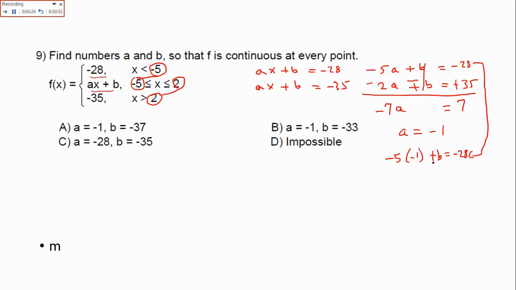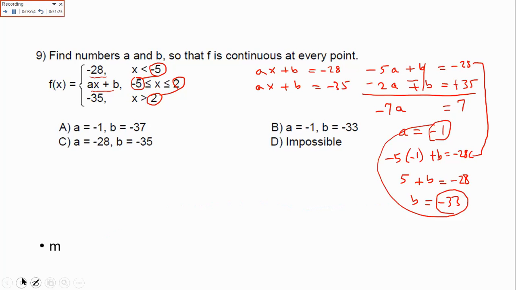So now this will give me 5 plus b is equal to minus 28. That means b is equal to minus 33. So the answer is a is equal to negative 1 and b is equal to negative 33. All right, let's go to the next.